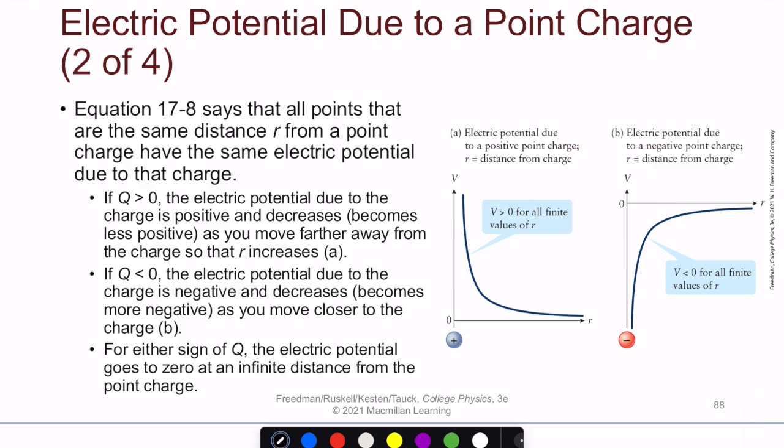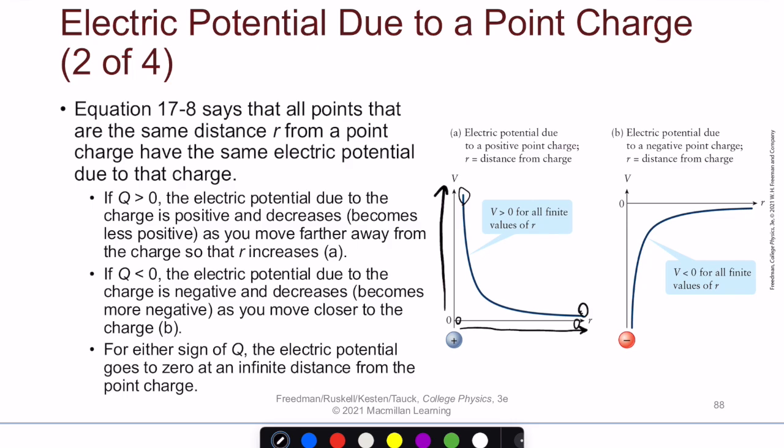These graphs explain the same thing, right? If this is the distance from the charge and this is the value of the potential, well, the closer you are, the smaller the R, the larger the V. I'm sorry, I got it wrong. So the larger the R, the smaller the V. There we go.